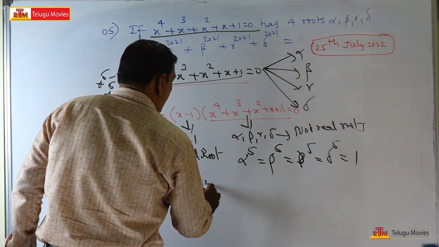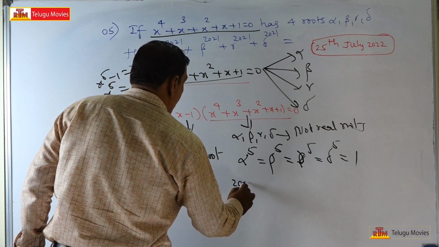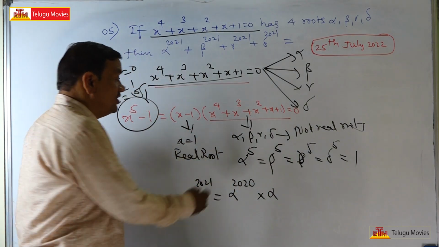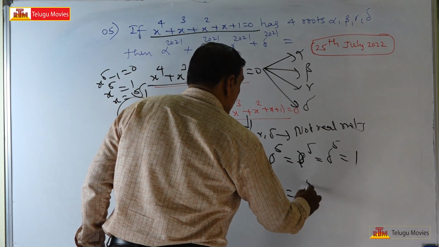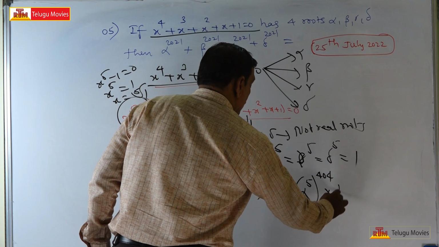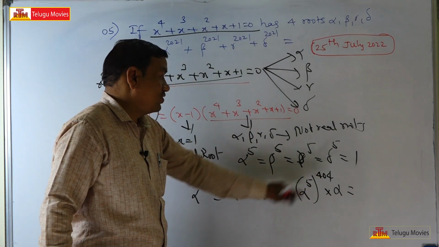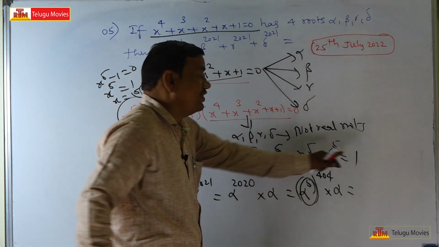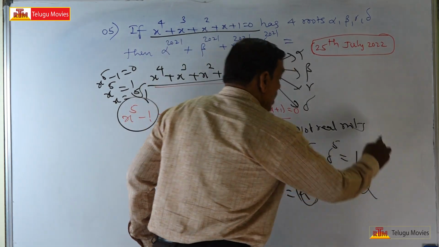Alpha to the power of 2021 means alpha to the power of 2020 into alpha. This can be written as alpha to the power of 5 whole to the power of 404 into alpha, since 5 4s are 20. This value we already know is 1. So this is equal to alpha.